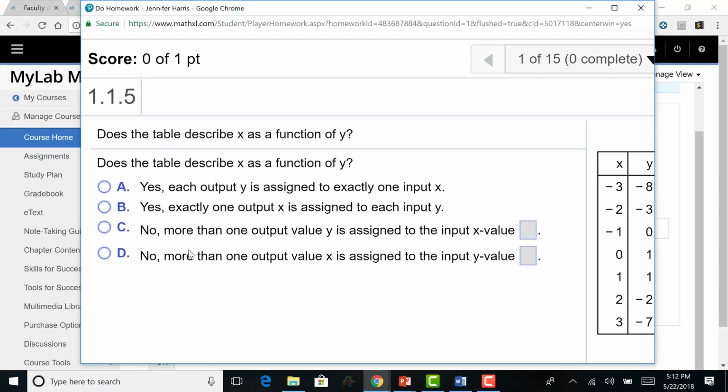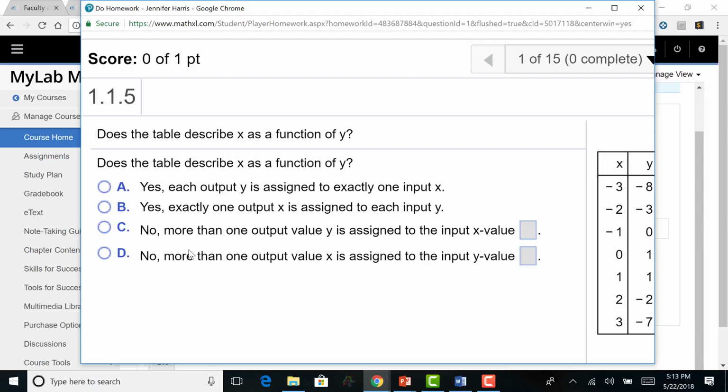So they want you to look at that differently. We're used to looking to see if all the X values are different. Now, because of the way they wrote it, we want to know if all the Y values are different. That's why I'm saying they may use different letters of the alphabet. Just make sure you know what's input and output.